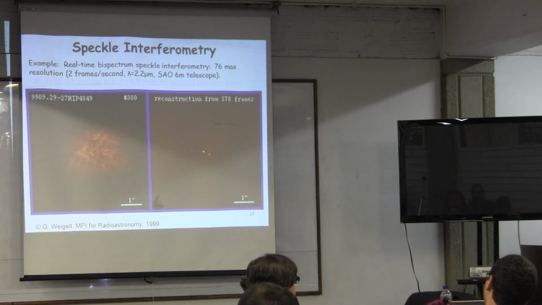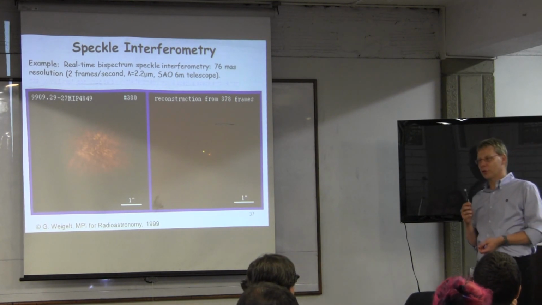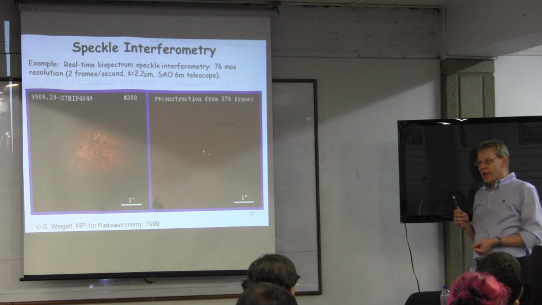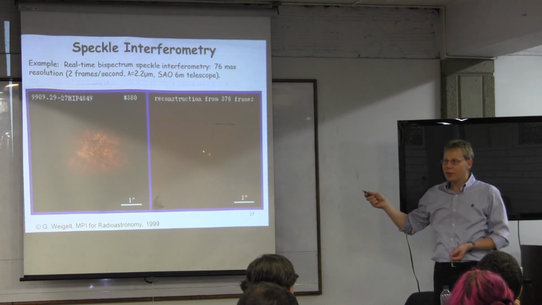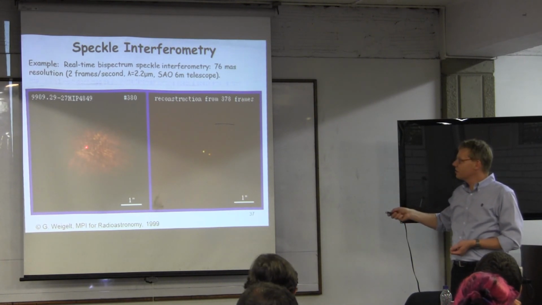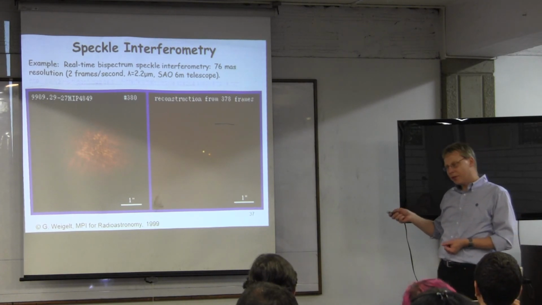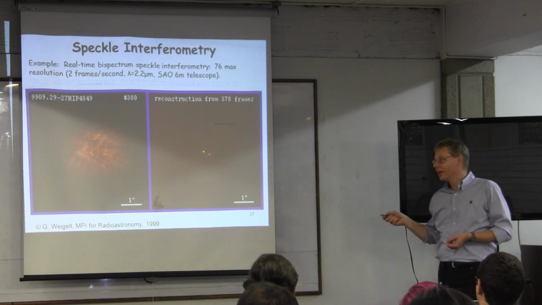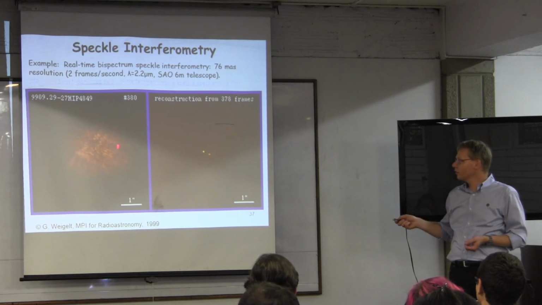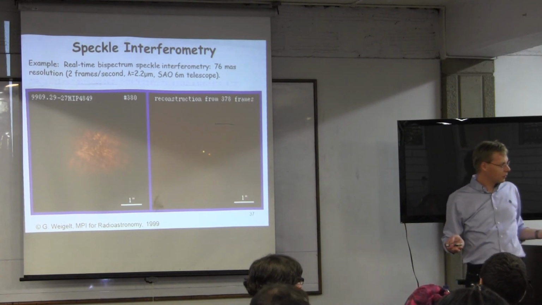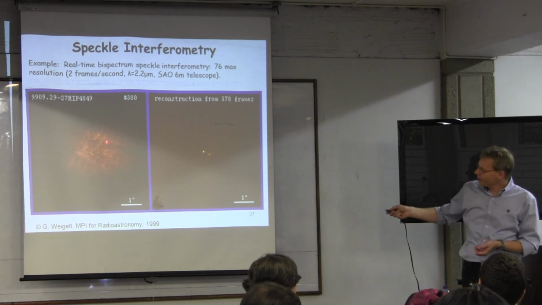The problem is, if you remember, the exposures have to be shorter than the coherence time. And you need to be able to see the speckles. So the method is limited to objects that give you sufficient signal to noise in 100 milliseconds. So we need very sensitive detectors.